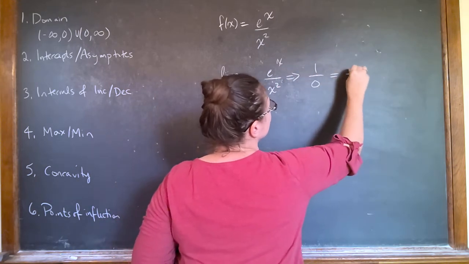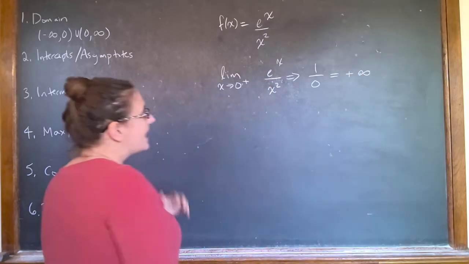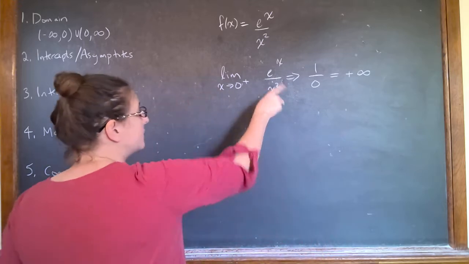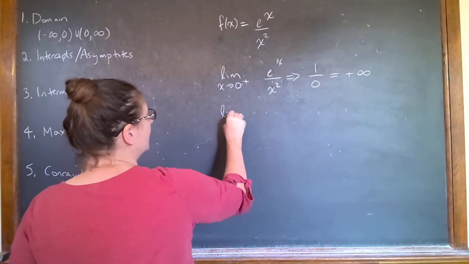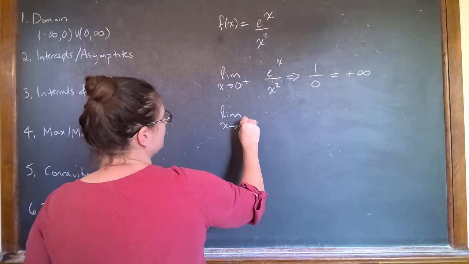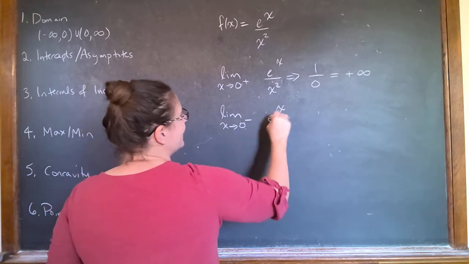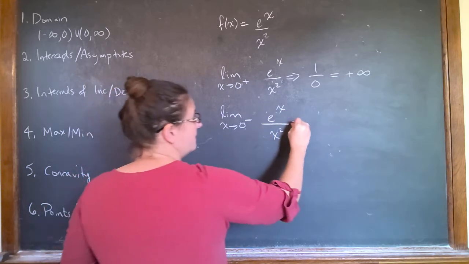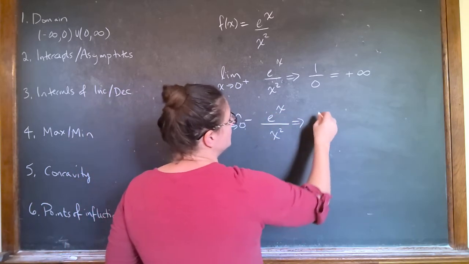So basically, this is going to be infinity. And it's, in fact, going to be plus infinity from both sides because it's x squared in the bottom. So even if I go from the left, this is still positive, and this is still positive.